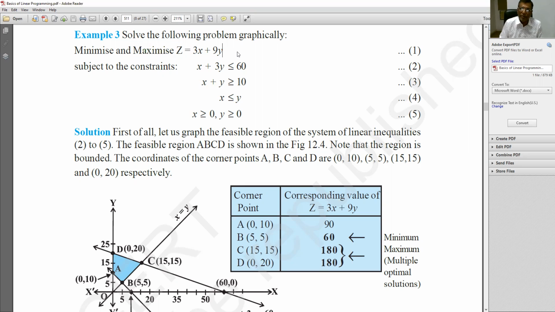I hope you have written this. Solve the following problem graphically. Minimize and maximize Z is equal to 3x plus 9y.